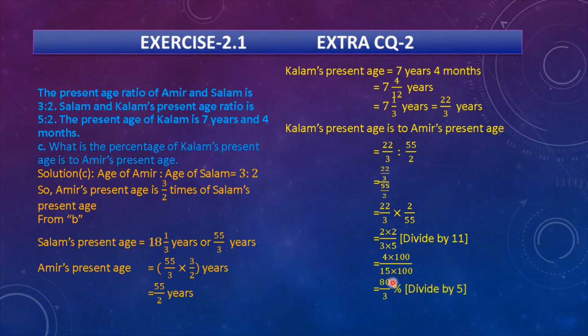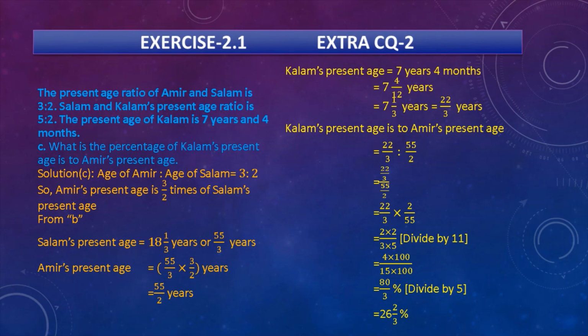So instead of the subsequent 100, we can write the percentage, and if we divide by 5, we get 80 divided by 3. After that, we take the mixed fraction, then 26 whole 2 divided by 3% is the desired answer, my dear students.